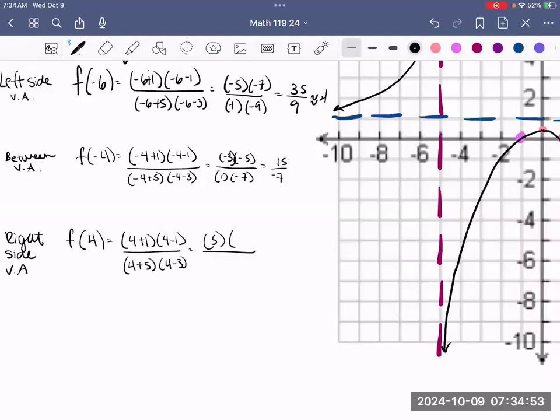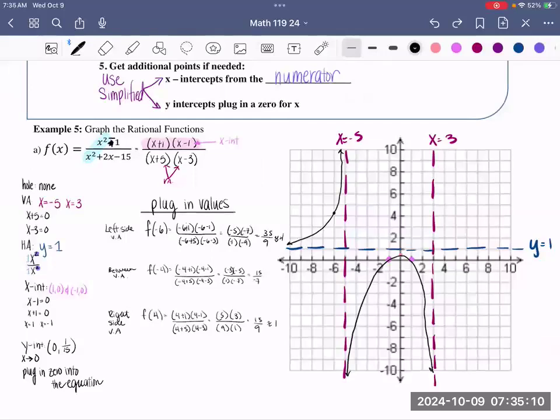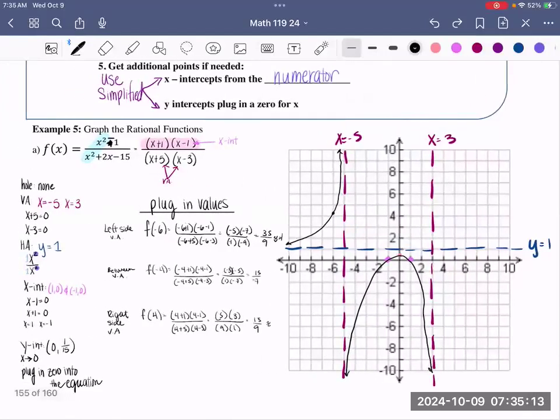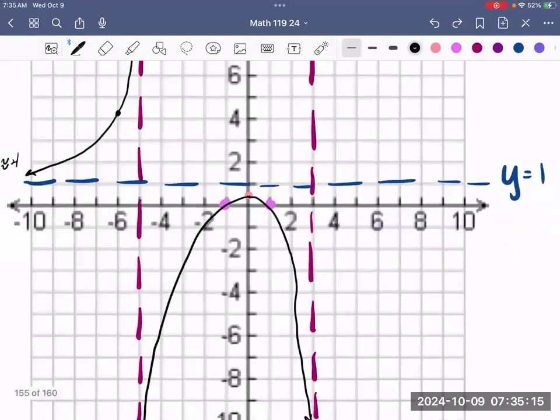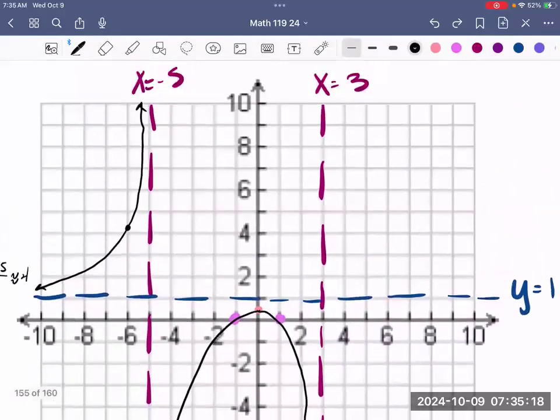So you have 5, 3, so that's 15. We have 9, and we have 1, so 15 over 9. So about a little more than 1.5. Okay, so 4 and about 1.6. So that's going to be up here. So somewhere up here. So again, starting to scrape up and scrape down.